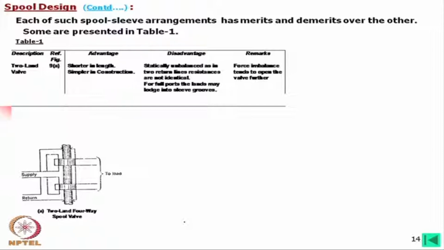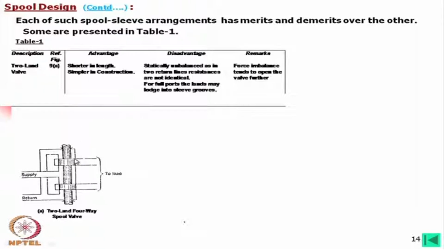For full port, the lands may lodge into the sleeve grooves. Say in this case, for critical center, it might happen, you can see that this simply can go inside. Say this is a full rectangular port. Now, this sleeve height or width, whatever we call it, is ideally equal to the groove width.